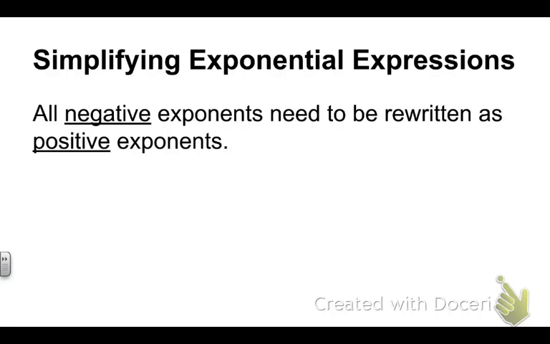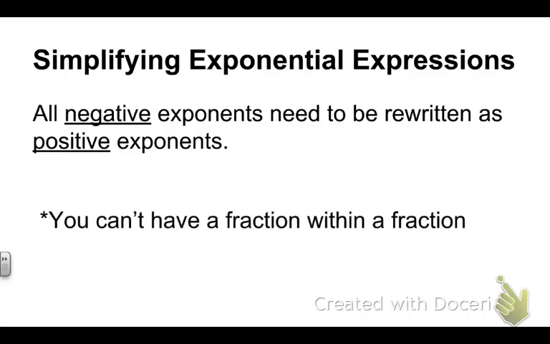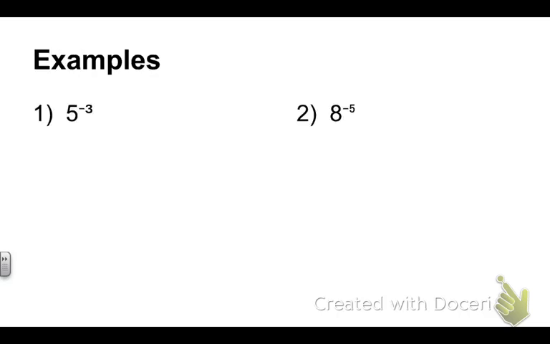So for simplifying exponential expressions, all negative exponents need to be rewritten as positive exponents. And then one thing that you should know by now is you can't have a fraction within a fraction. All right? But we are going to change all of our negative exponents to positives. So here's an example. This isn't in your notes.